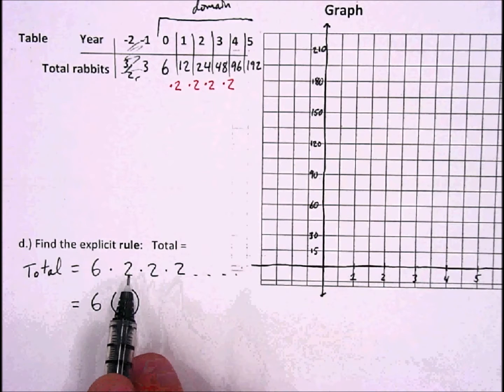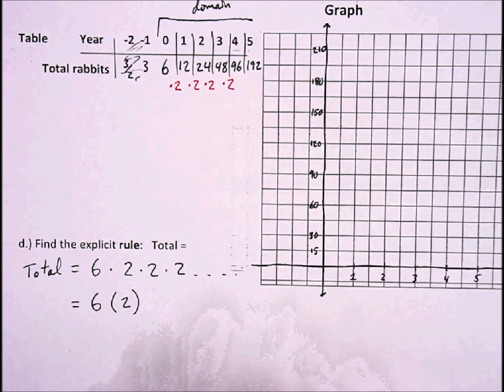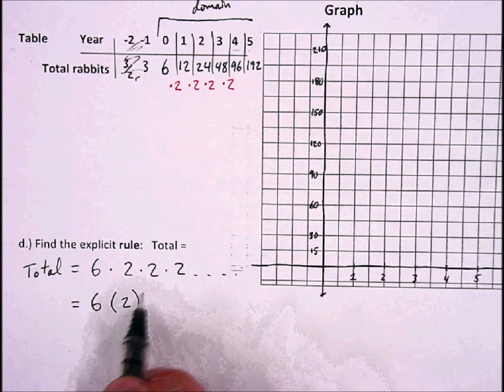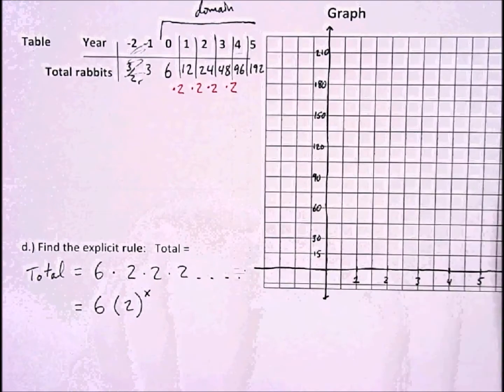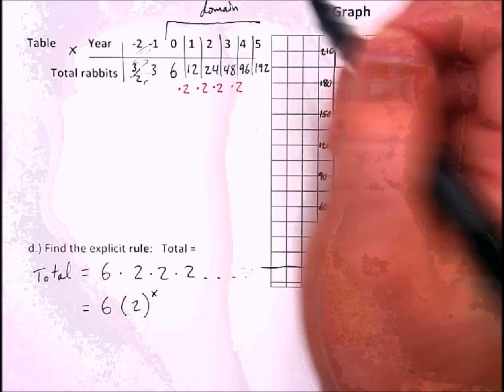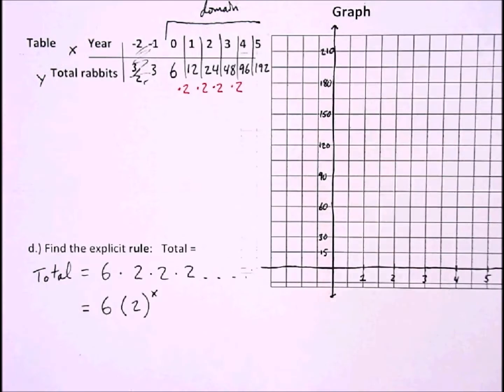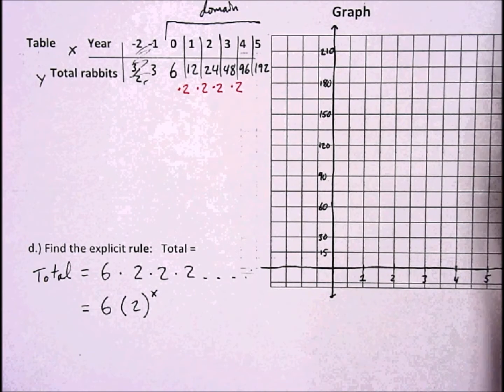And that's what exponents are. When you repeatedly multiply, that's an exponent. And so I could say this 2 keeps on repeating. I'm just going to say x number of times. If I use common notation and say my input values are x and my output values are y, then let's take an example.